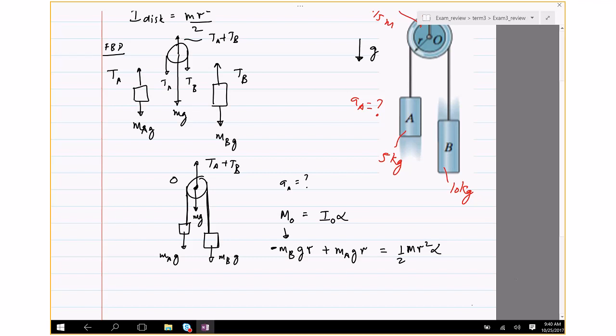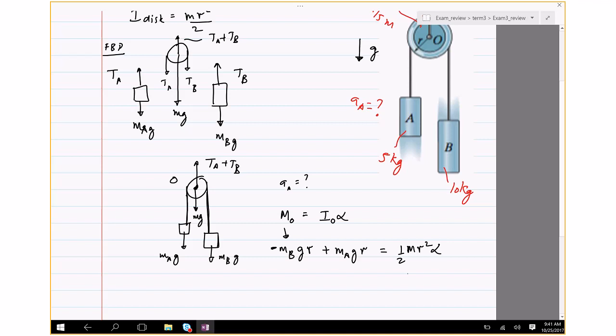Is that it? Yeah, I need to include the inertia. So I can either include the inertias due to mA and mB in that equation, or I can write the effect of the acceleration of A and B. So let me choose the latter way.